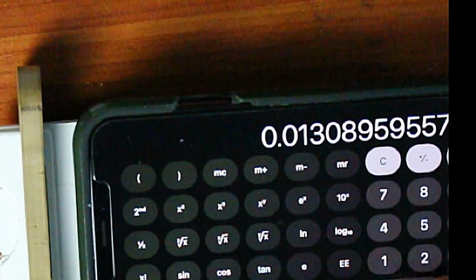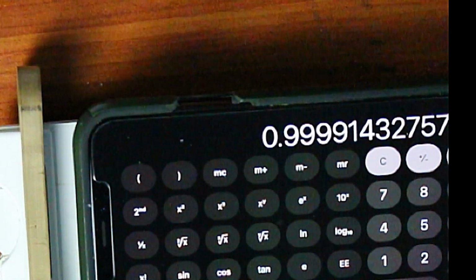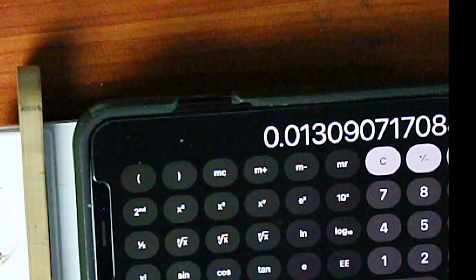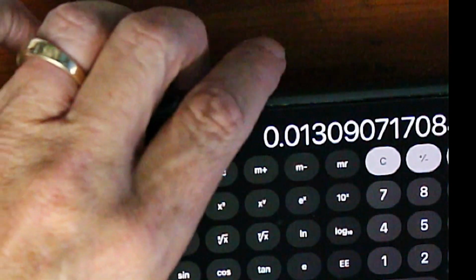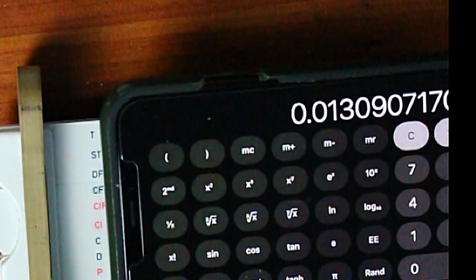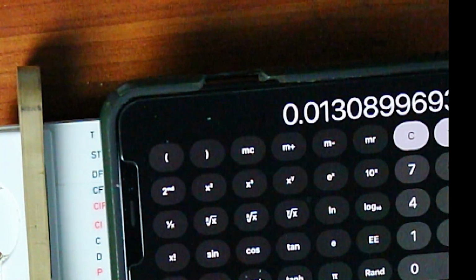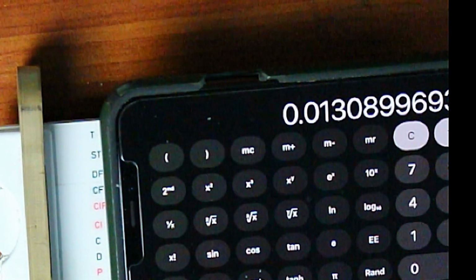Let's see what the cosine would be. I'm happy with calling that 1. Let's see what tangent is. 0.0131. I'm happy with that too. And finally, let's take the radians. 0.0131 again. See how they're all coming together?